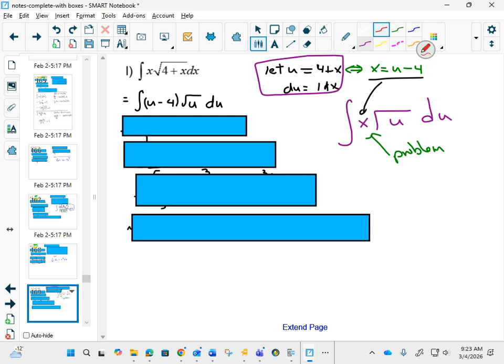I can distribute this, but I could not distribute this. That's a big X. I'll just erase. Oh, I erased too much. Oh, I really erased a lot.